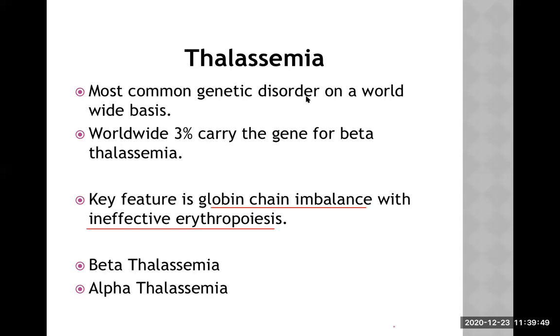So there is a chance of severe anemia. This is known as ineffective erythropoiesis. It doesn't occur only in thalassemia though, it occurs in megaloblastic anemia also sometimes. Now the common types of thalassemia are beta thalassemia and alpha thalassemia. Let's move on.